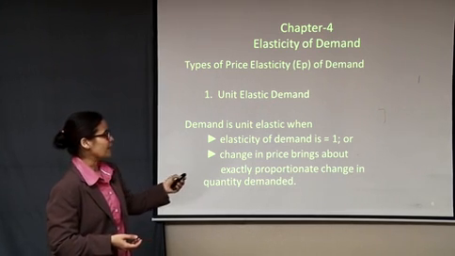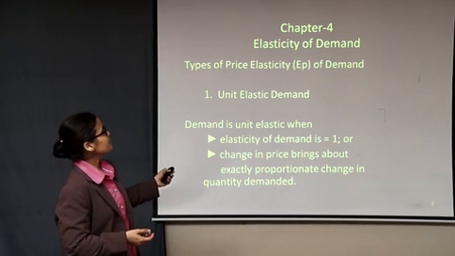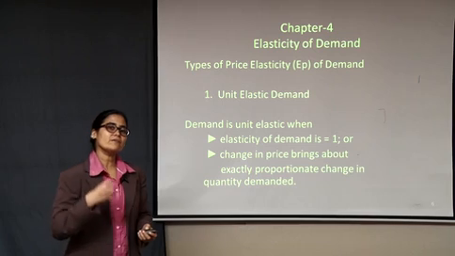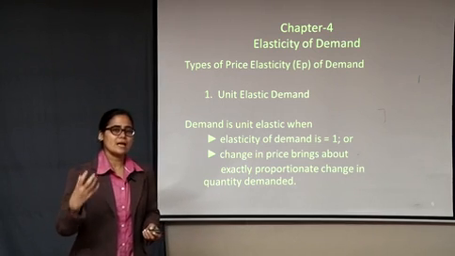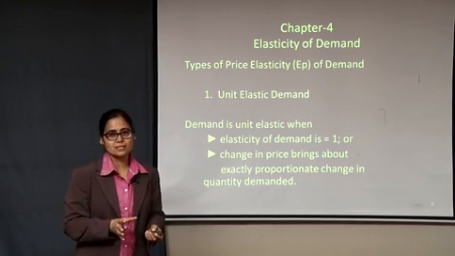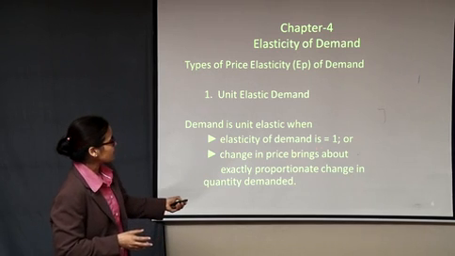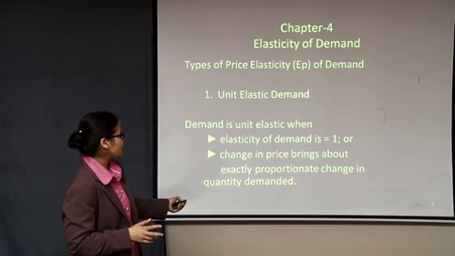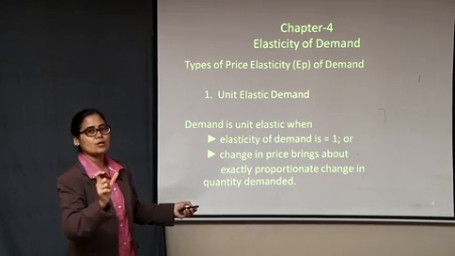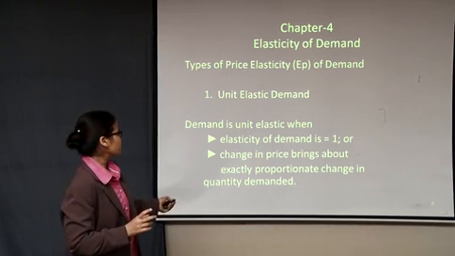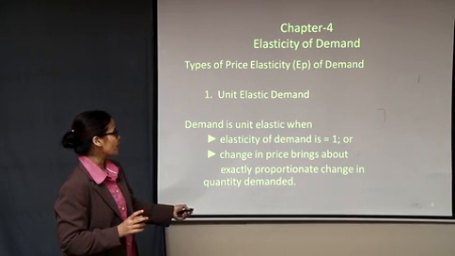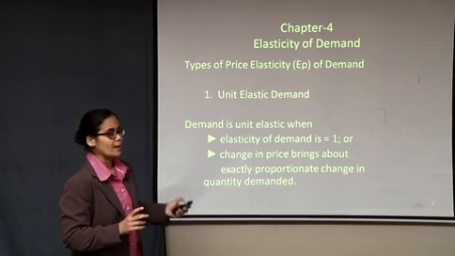unit elastic demand. Now, when can we say that price elasticity is unitary? Or when can we classify the product's elasticity into unitary elastic? When your answer is equal to 1. So, what is the meaning of this equal to 1? It means when change in price brings about exactly proportionate change in quantity demanded.